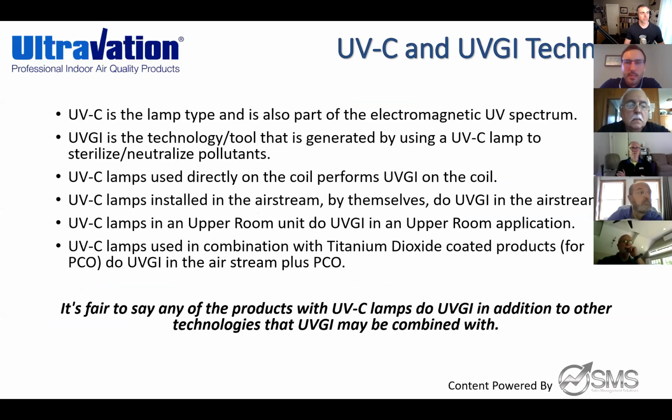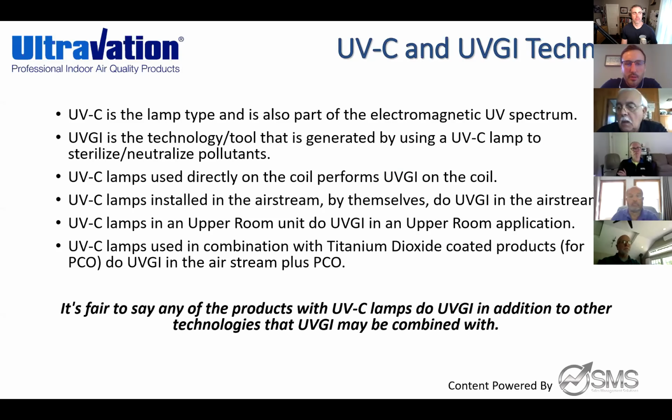Now we spoke about UVC and UVGI technology, and this is just putting it in simplistic terms, so we really hammer home UVC versus UVGI and how they work together. UVC is the lamp type and is also part of the electromagnetic UV spectrum. UVGI is the technology, the tool, that is generated by using a UVC lamp to sterilize and neutralize pollutants.